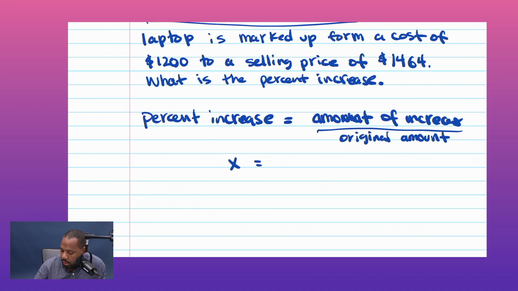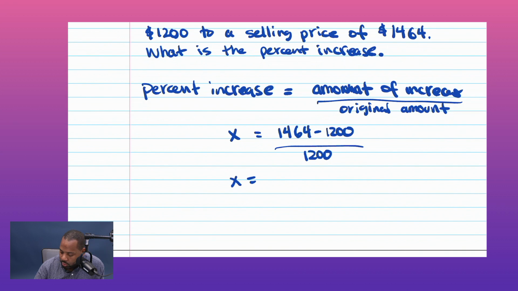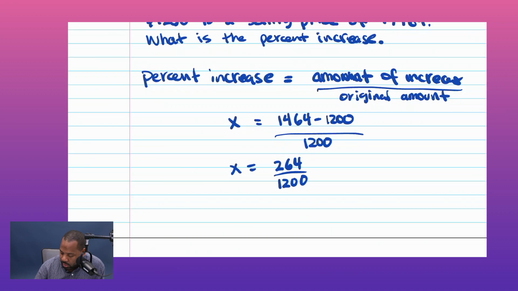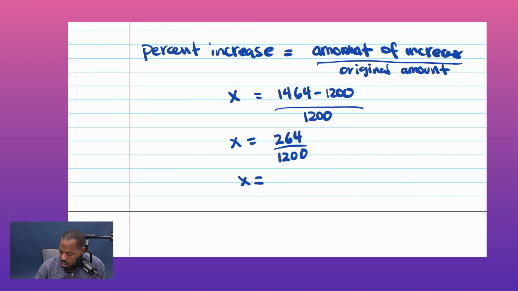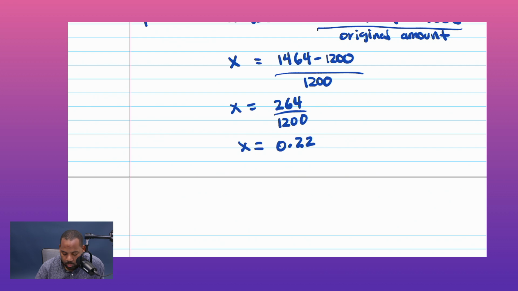This is going to be the amount of the increase. So basically, I need to find the difference of those two values. So we sold it for $1,464 minus the original cost of $1,200, and divided by the original cost of $1,200. So my increase is going to be, subtract those two values, 264 over 1,200. And so this gives me a rate of 0.22. So to get my percent, I need to multiply that value by 100. And so this is 22%.